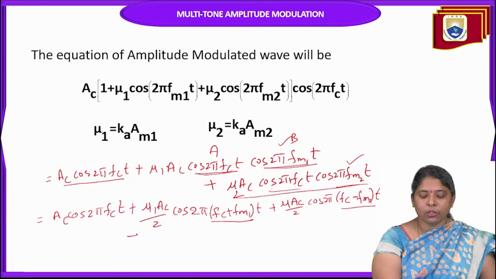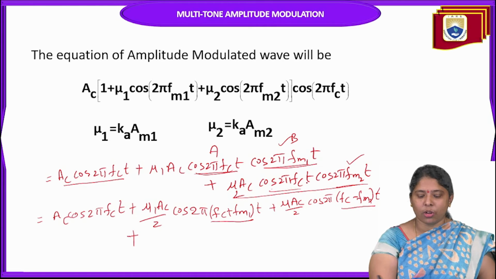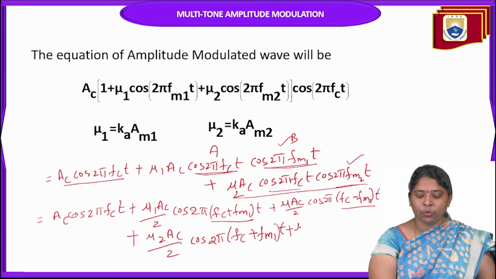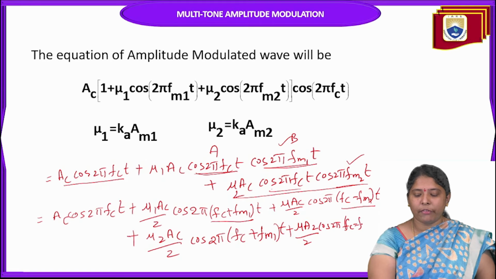For the third term we also apply cos A cos B, so it becomes mu2 Ac/2 cos 2π(fc + fm2)t plus mu2 Ac/2 cos 2π(fc − fm2)t.